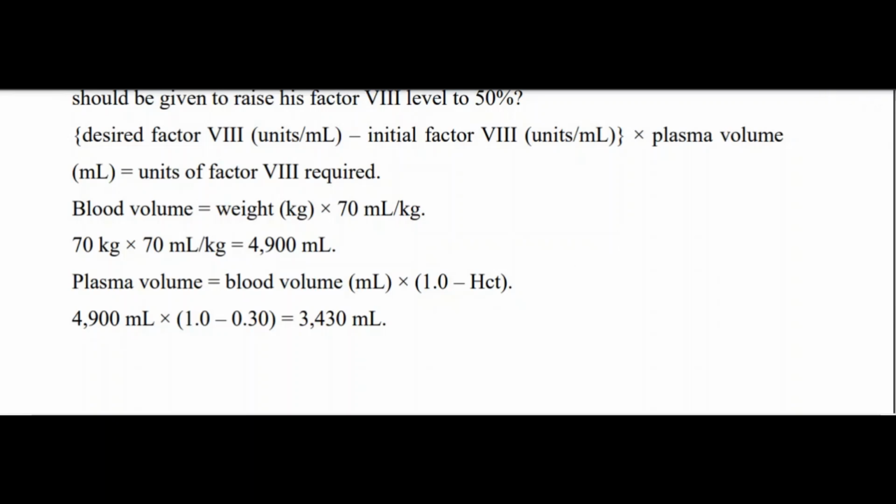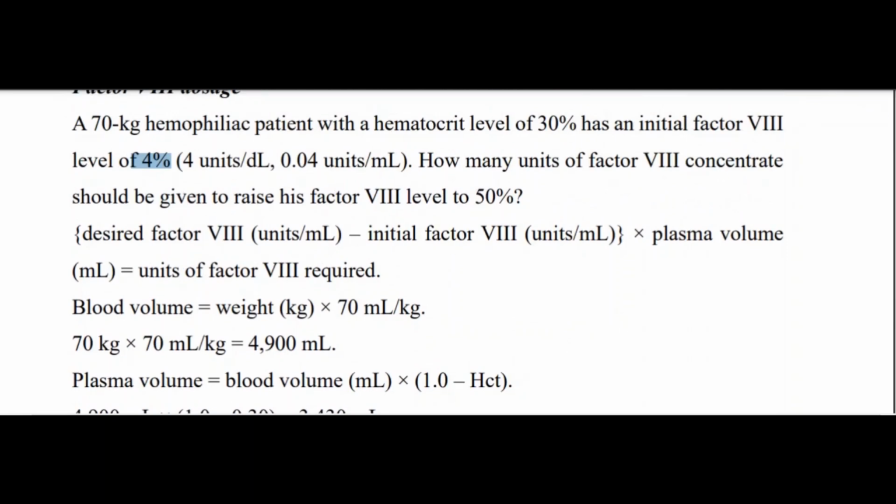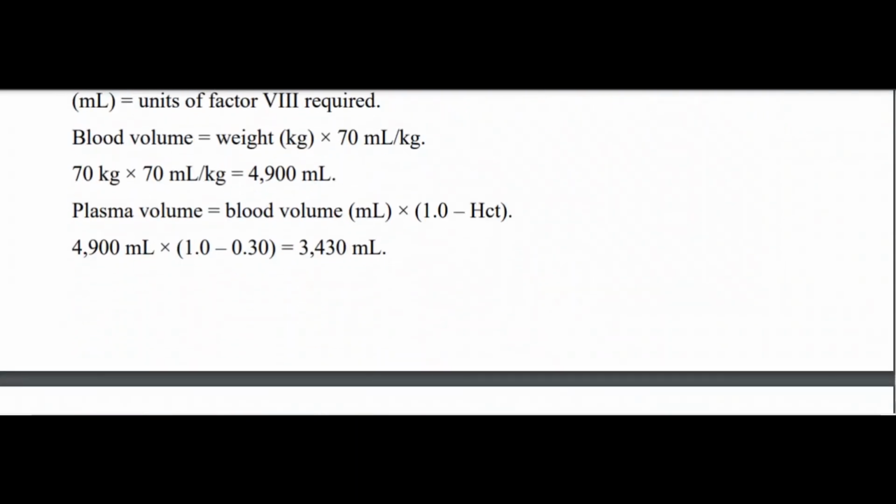And what is our hematocrit? Let's look at our question. The hematocrit level of this patient is 30%, right? That is our patient's hematocrit. So we take blood volume times 1 minus 0.3, or 100% minus 30%.